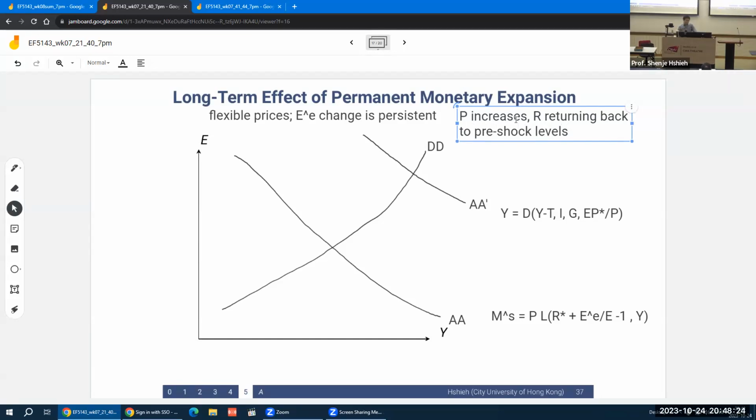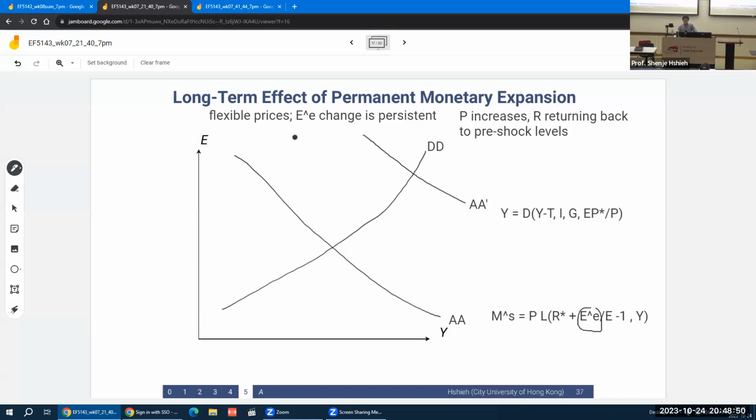In other words, the effect of monetary policy reverts. It has no impact on R, but because expectations have taken place, there's still a residual effect on the AA schedule. So the only thing that should be reflected in the AA schedule now is just E hat E, right?